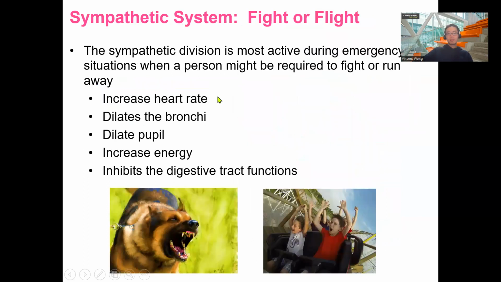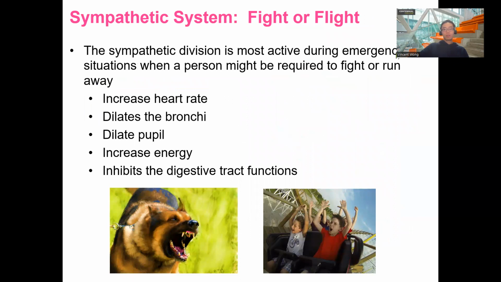So basically, the sympathetic system is most active during emergency situations, where the person is required to fight the adversary or run away from it. Due to my experience with getting bitten by a dog, I am truly afraid of dogs nowadays. If I see a dog while we're walking, I want to stay away from it.